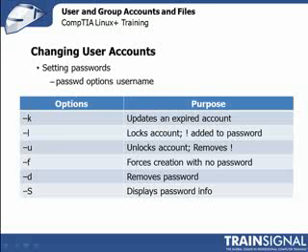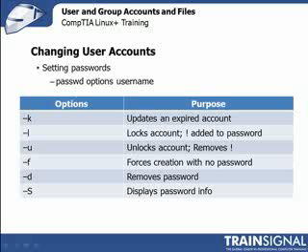And the options are -K, which updates an expired account. And if you recall from the previous slide, the -E option used with useradd sets the expiration date. -L locks an account. It does so by adding an exclamation point to the password in the file /etc/passwd. -U unlocks an account by removing the exclamation point.